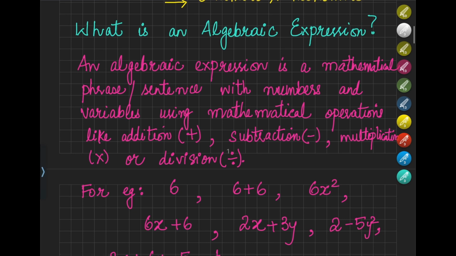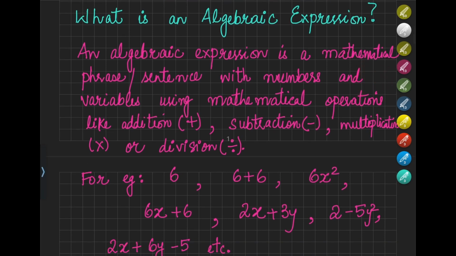But we should also know that the sentence has numbers and/or variables. It is not necessary that there has to be a variable; there can be just numbers, just variables, or both numbers as well as variables.